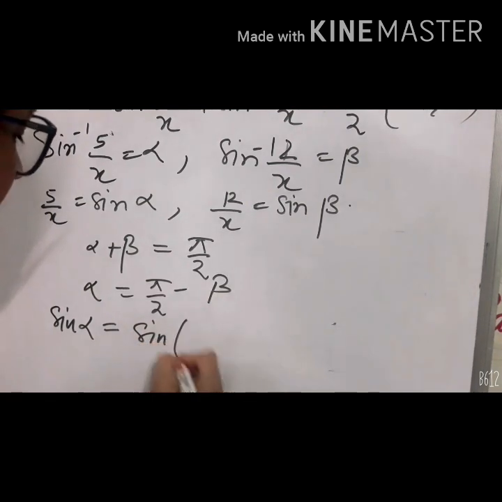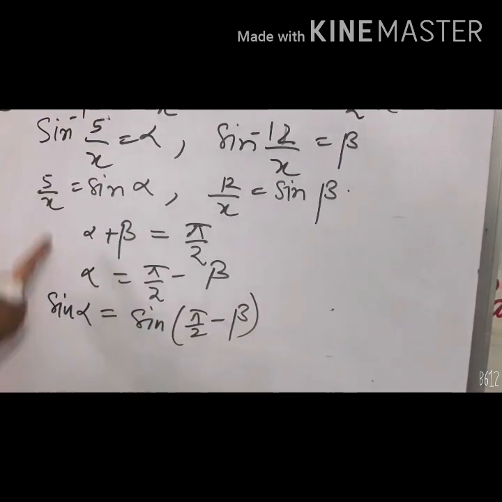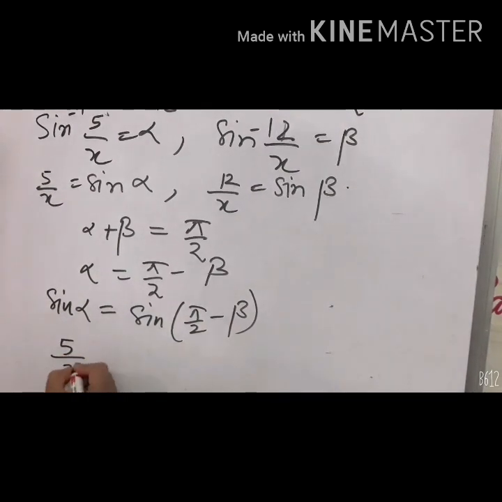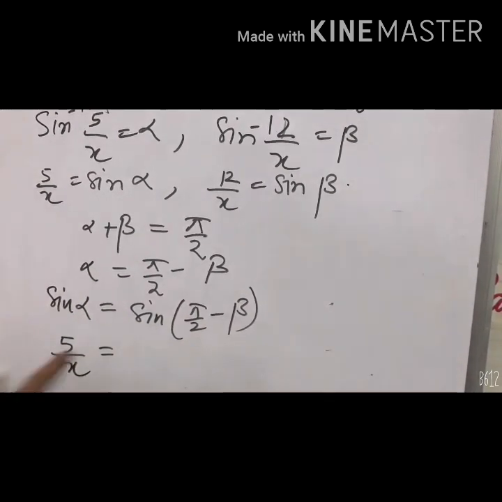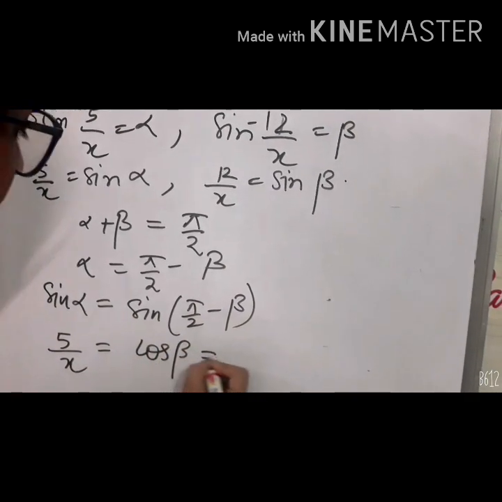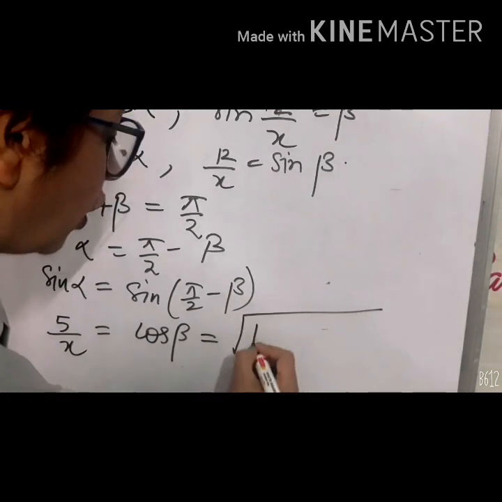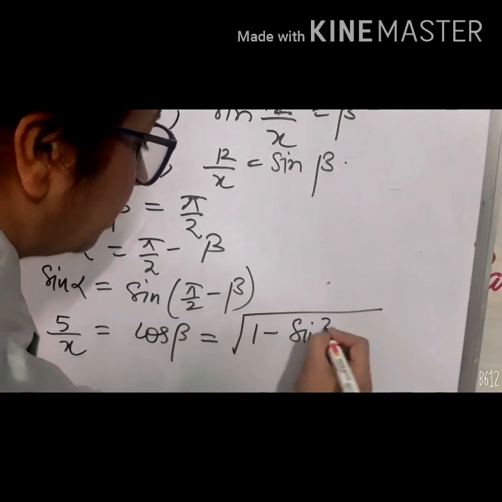So it becomes sine of pi by 2 minus beta. Sine alpha, whose value is 5 by x, is equal to, what is sine of 90 minus theta? Cos beta. And in form of sine, how can I write cos beta? Under root of 1 minus sine square beta.